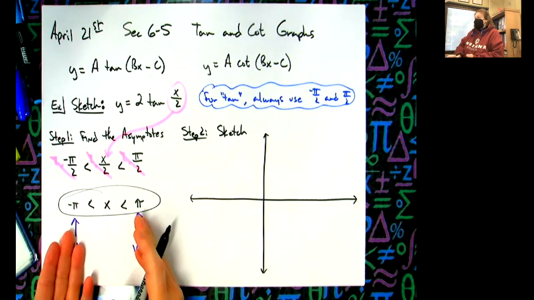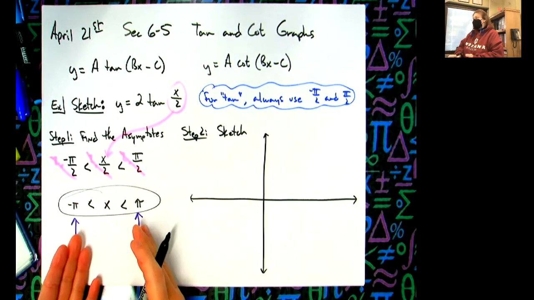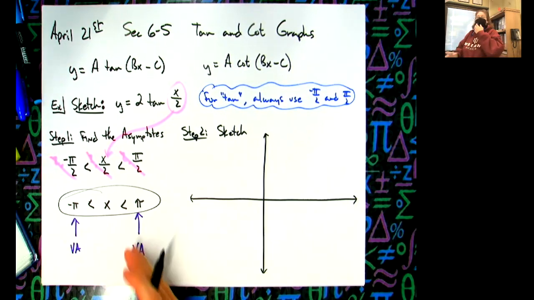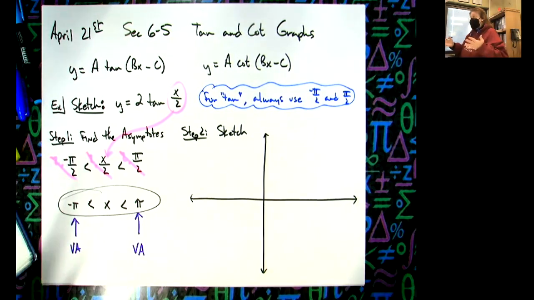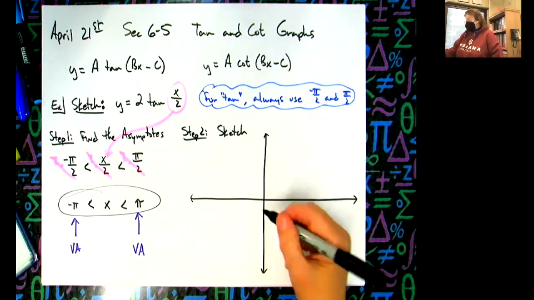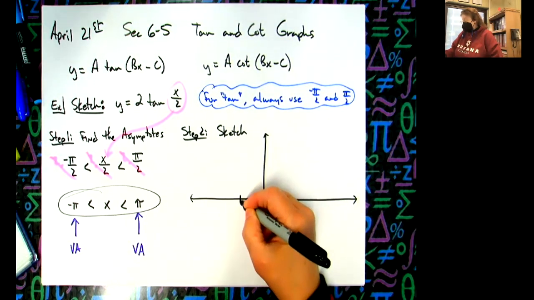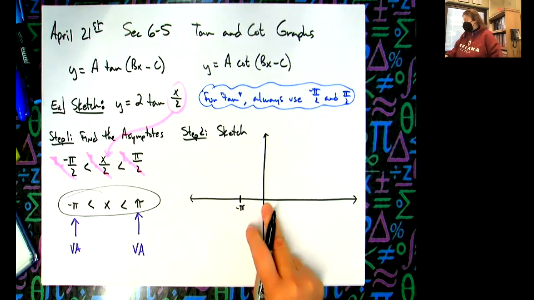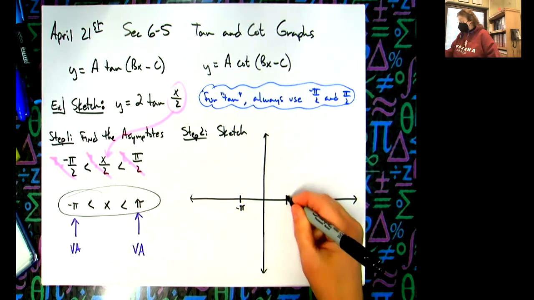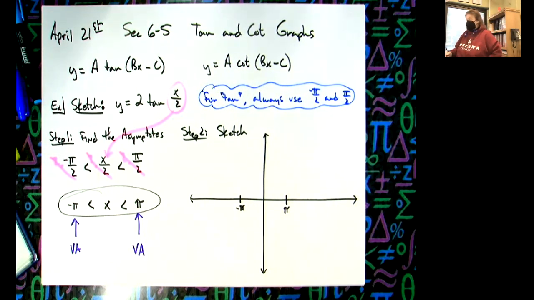So obviously this one, being negative pi and pi, I'm going to put 1 on the left-hand side and 1 on the right-hand side, whatever size distance you want. Let's say that's negative pi. However far the distance is there, I try to equal it out over here. So there's my pi.